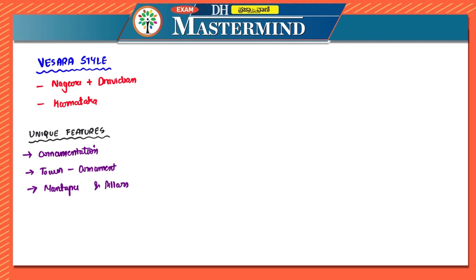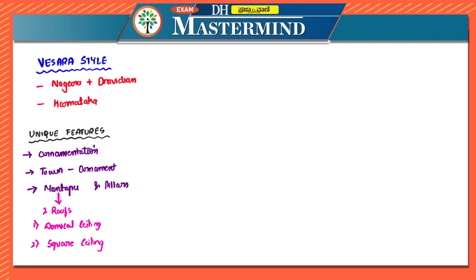In case of Mantapa, they were of two types of roofs. One was domical ceilings, that is dome like ceilings, and the second one was square like ceilings.